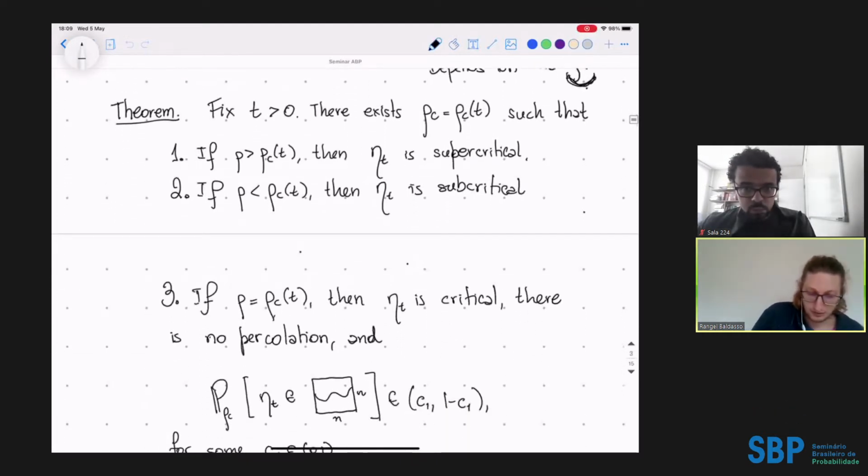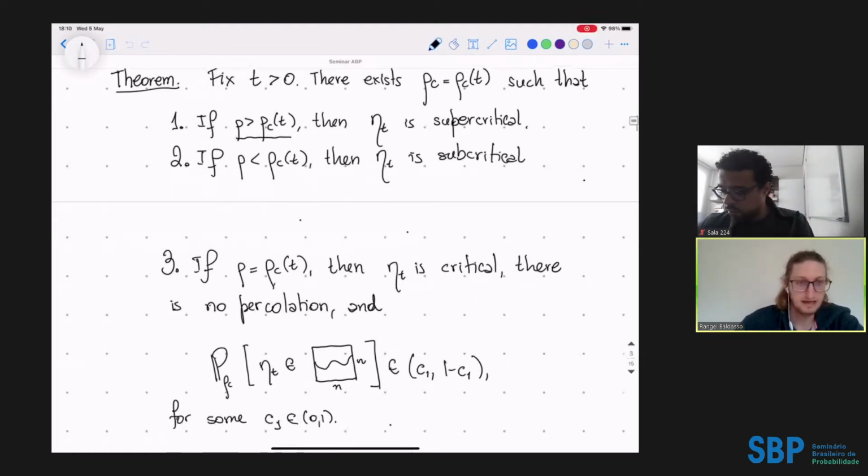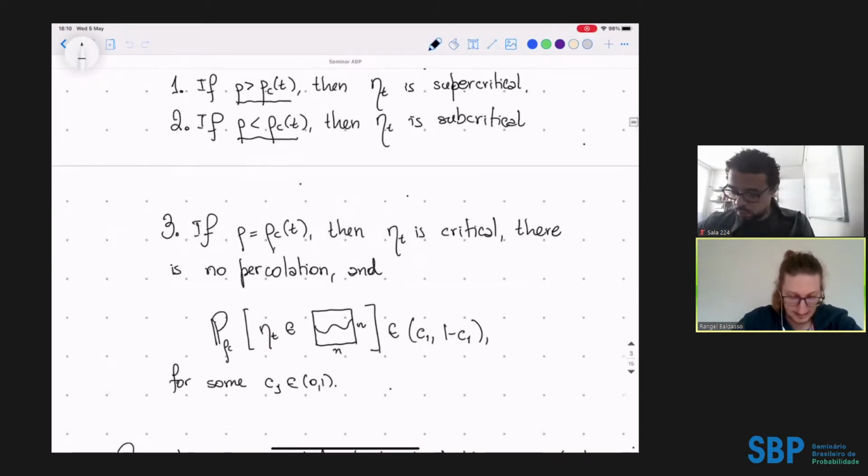And our theorem here is: for any fixed time t, there exists some critical density rho c of t such that if you are above rho c of t, then you are supercritical. If you are below it, you are subcritical. And if you are exactly at rho c of t, then this is a critical percolation model.